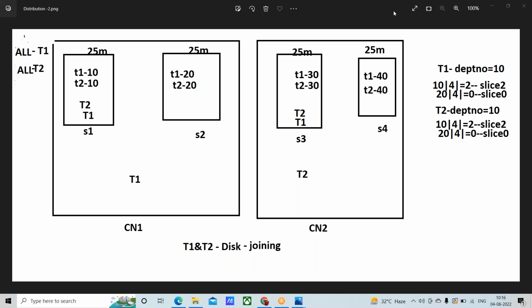If both the tables are in EVEN distribution, that is the worst performance. How do you address it? You have to change the distribution keys to the joining column. The problem is they are not distributed based on their joining column.